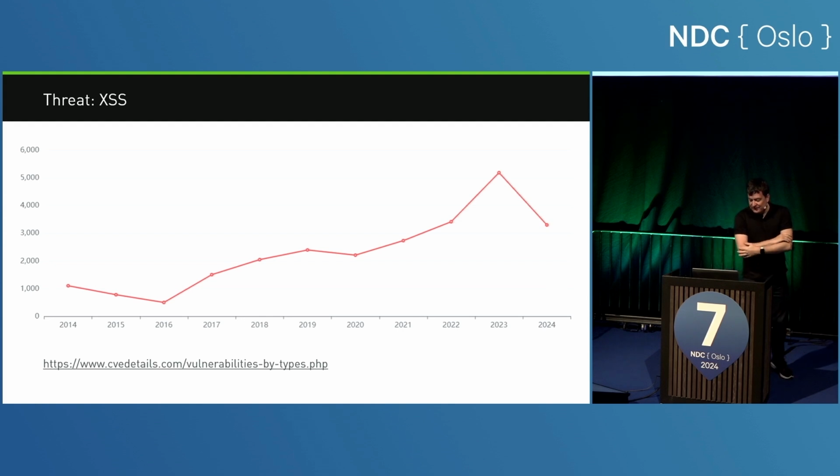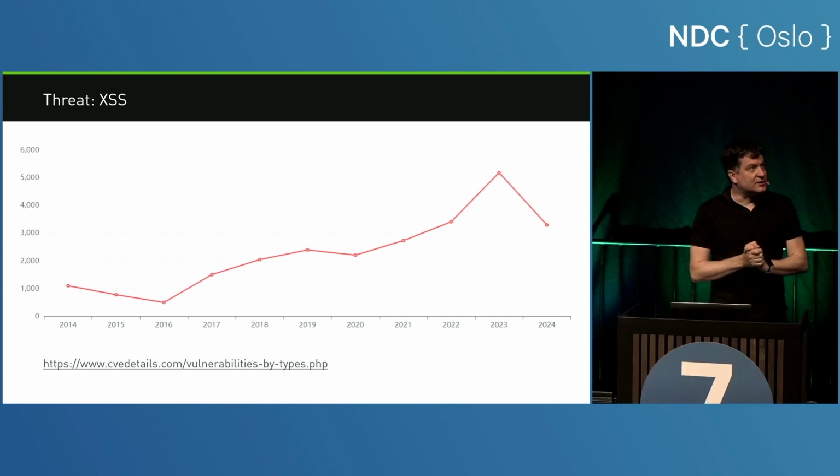Now, I went to cvdetails.com, a website that collects common vulnerability enumerations and also creates nice charts of how commonplace a web application risk or attack is, by enumerating the times that there is a CVE for that specific threat. Here's the chart for cross-site scripting.